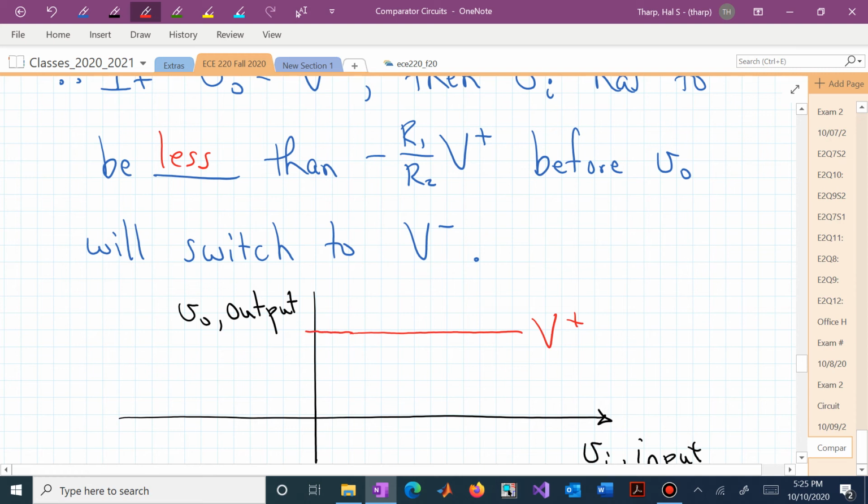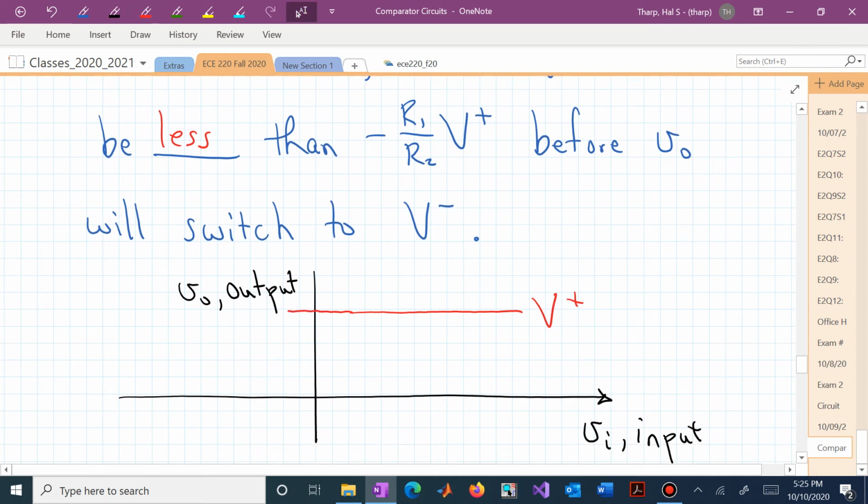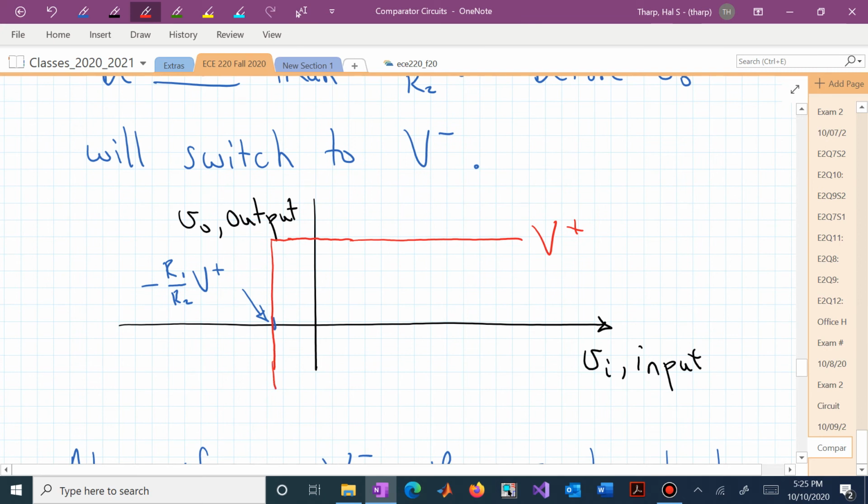We now go a little bit beyond 0. We go down to this new threshold value of minus R1 over R2 V plus, and once we go beyond that, then we switch and go down to V minus.